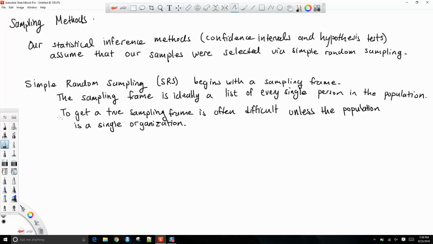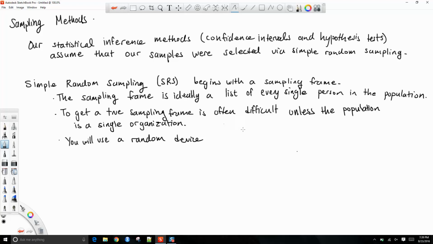Otherwise, getting a true sampling frame for something a bit more complex, like the city of Los Angeles, is very difficult to do. But once you have your sampling frame, you will use a random device, such as a random number generator on a computer, or ping pong balls or whatever it might be.